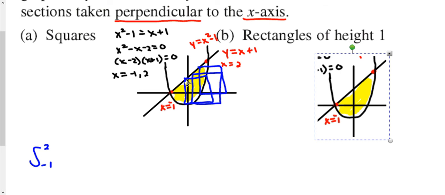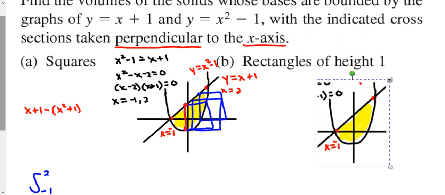Well, if I go from here to here, that's the side of the square. I'm just going from the line to the parabola. So it's basically the line, which is x plus 1, minus the parabola, which was x squared minus 1.